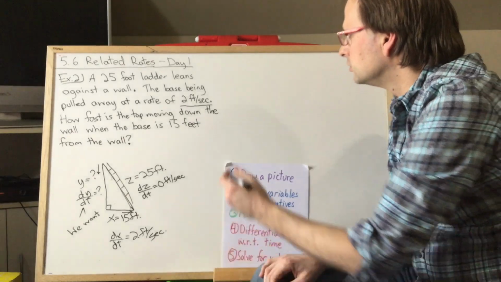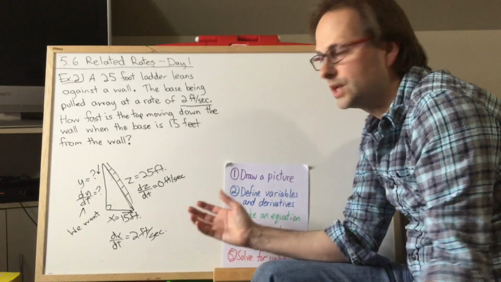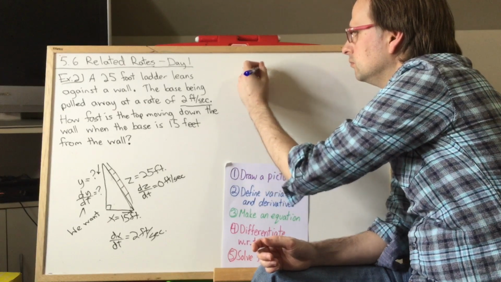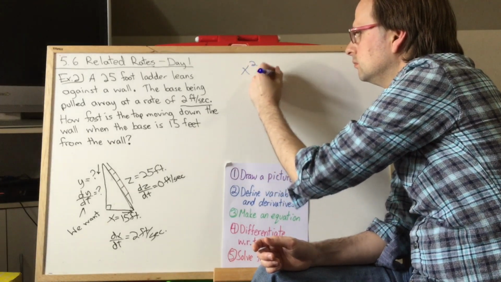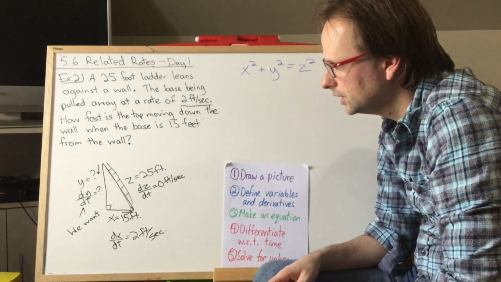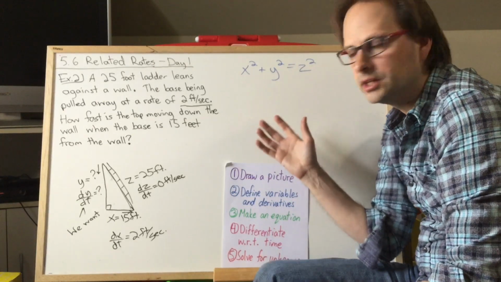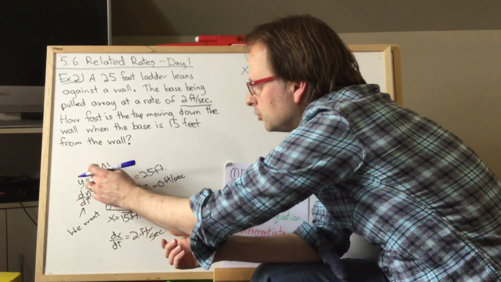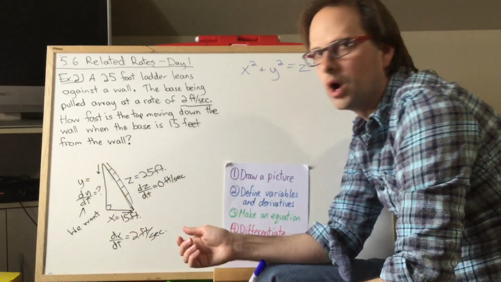So we're going to make an equation here. And the equation we could make is just the Pythagorean Theorem. x squared plus y squared would equal z squared. Before we differentiate, let's see if we can easily find out anything else about this. I think we can easily figure out what y is.